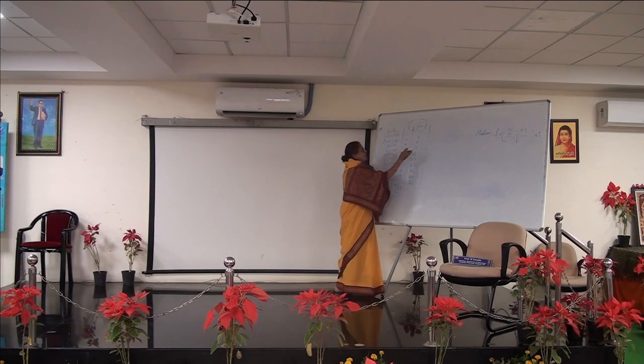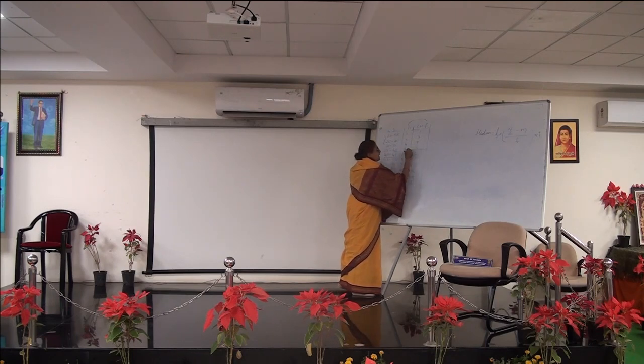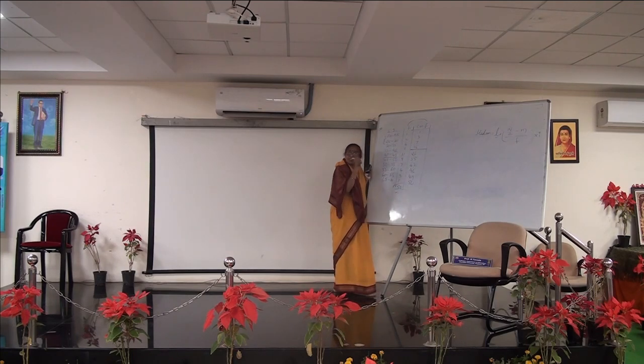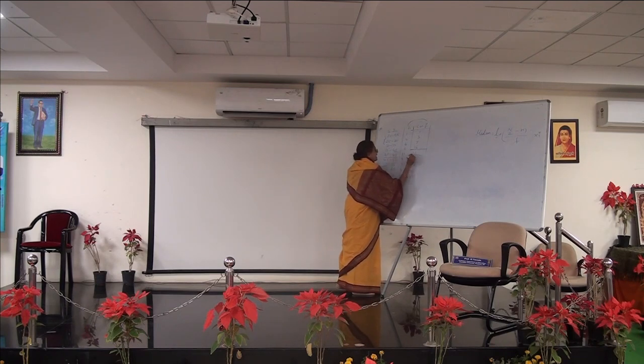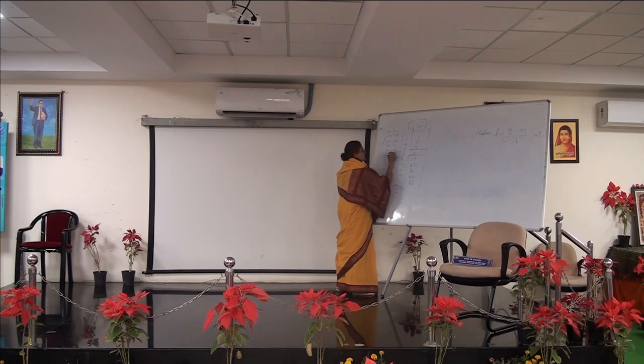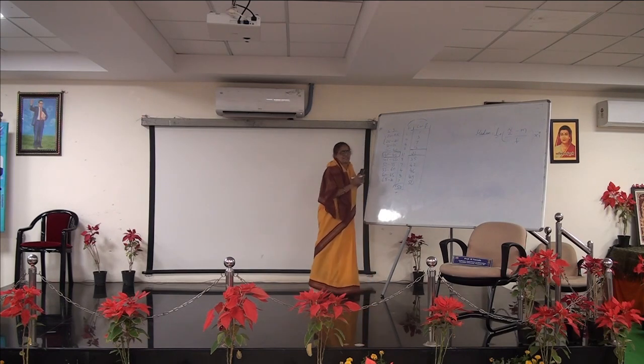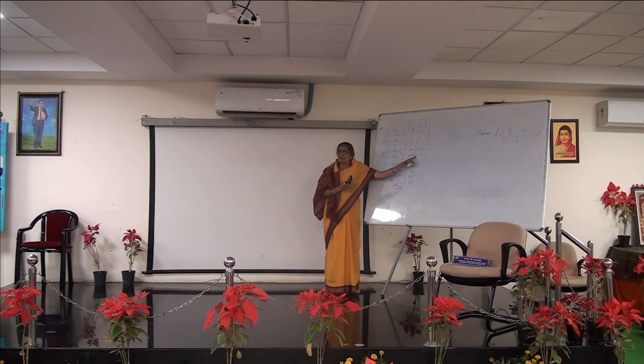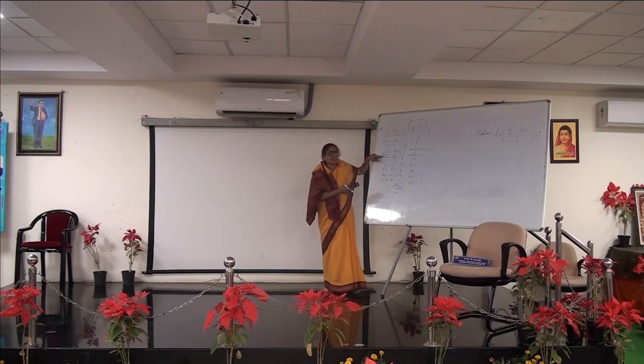Suppose this is marks obtained by the students. Up to here only 15 students are there, and the 25th student is in this class. So this is called the median class.